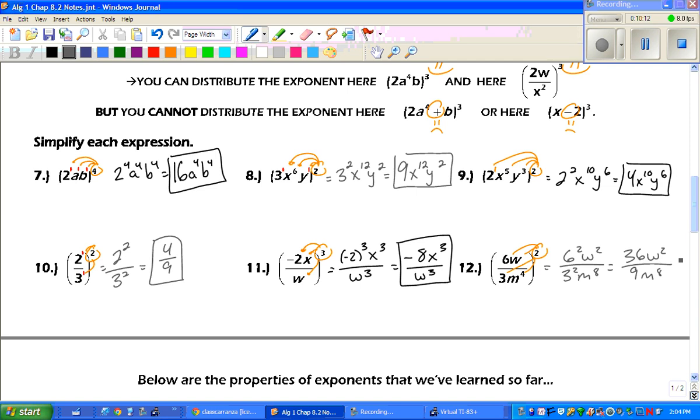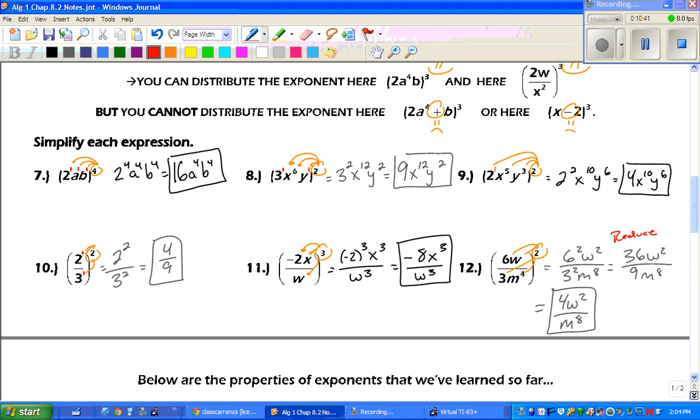And you might be like, hey, we're done. No. 36 divided by 9, we can actually do that. And 36 divided by 9 is 4. So 4w squared m to the 8th. Okay? Key thing is always reduce when you can. Okay?